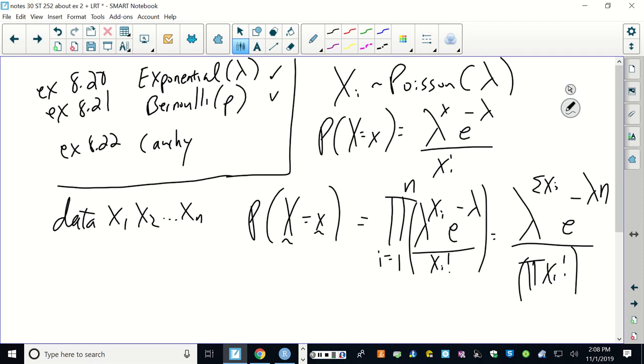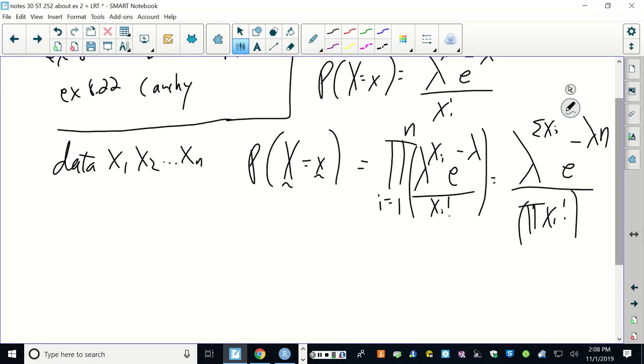If we want to compare two lambdas, lambda 0 and lambda a, two rates, just putting in our data values here, with lambda 0 here, would be the likelihood evaluated at a particular point. In likelihood theory, the part of the data that interacts with the parameter gives you something called a sufficient statistic.